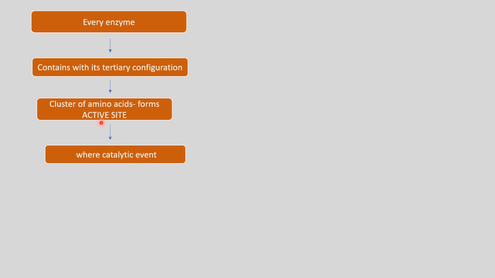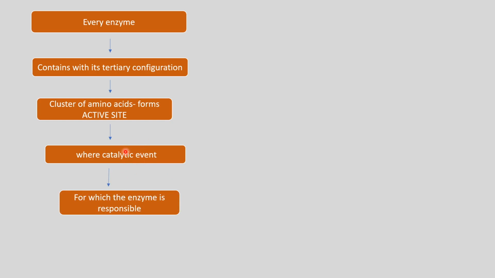This is the site where the catalytic event takes place, that is, where the reaction takes place, where the substrate binds to the enzyme, and this leads to formation of the product, right? So the active site is the one where the catalytic event takes place.